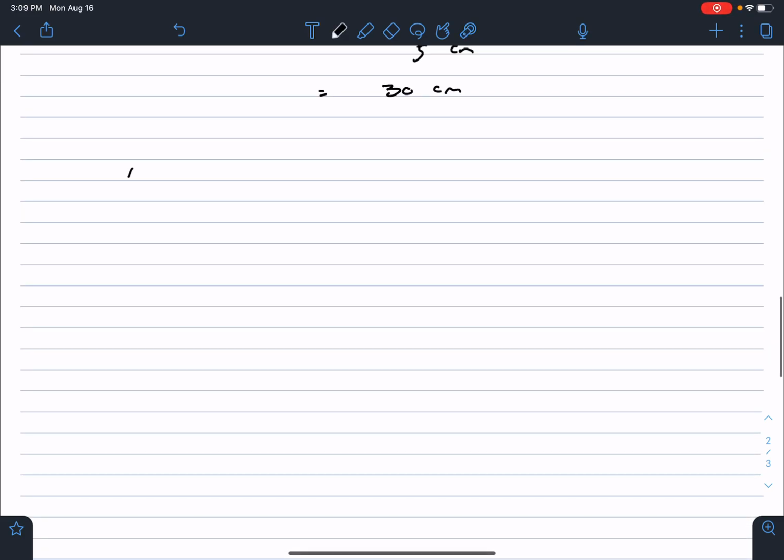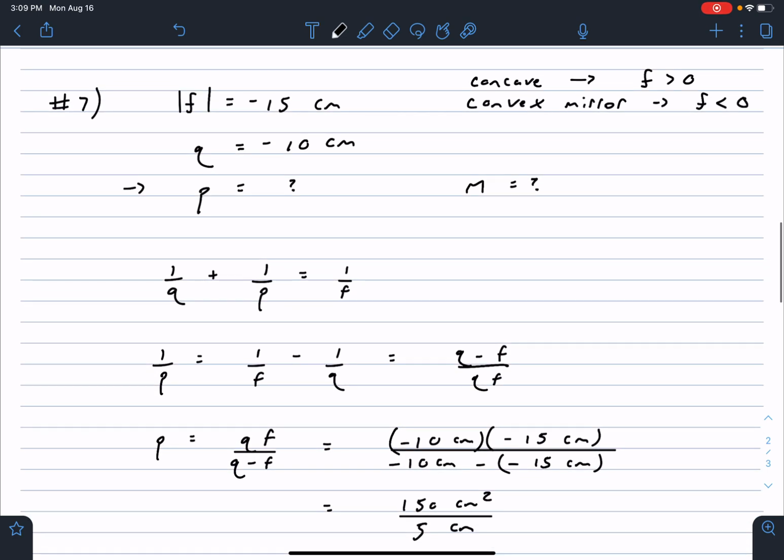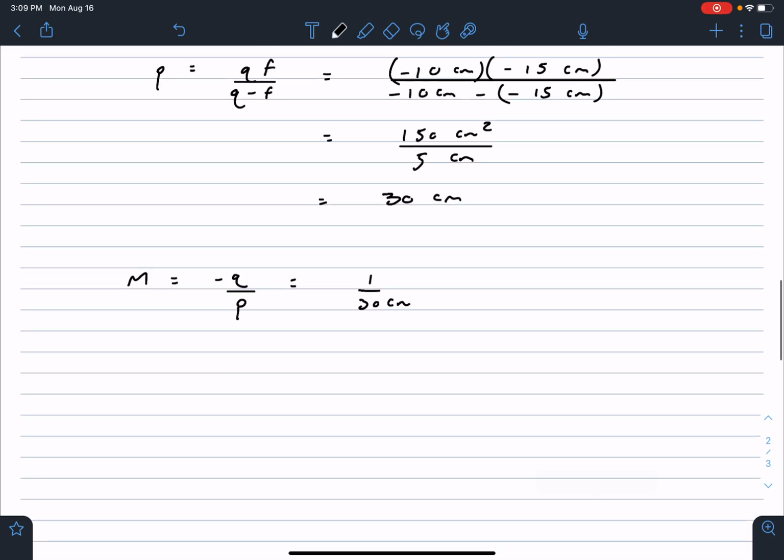So now we have what we need. Magnification is equal to the negative of the distance of the virtual image over the distance of the object, which is going to give us negative times negative 10 centimeters over 30 centimeters, since Q was negative 10.